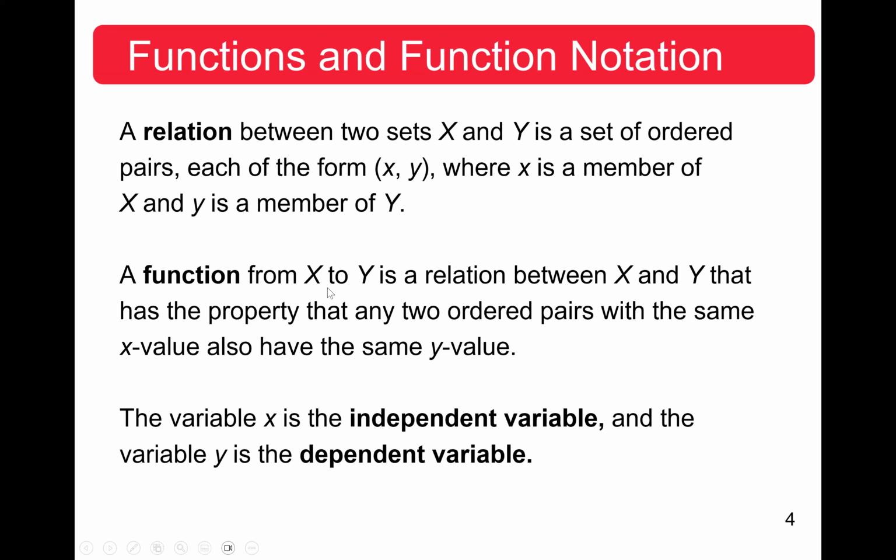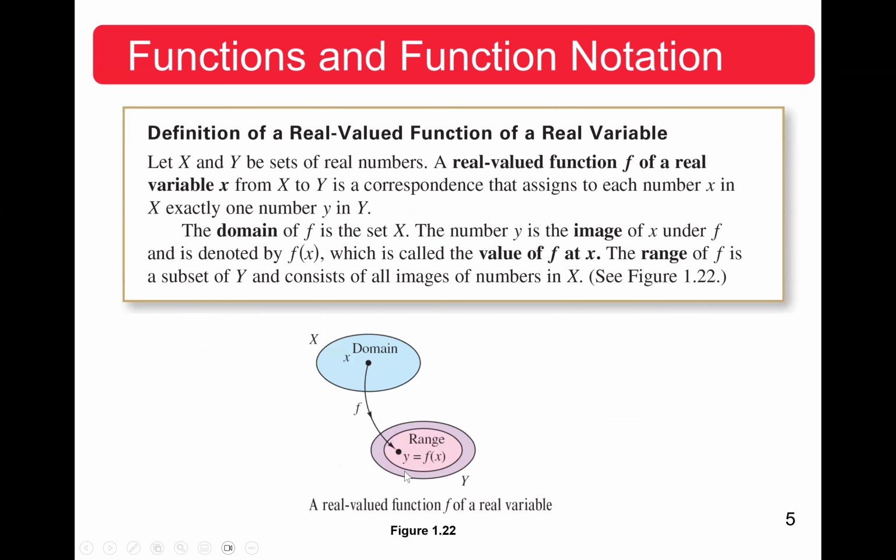So a function from X to Y is a relation between X and Y that has the property that any two ordered pairs with the same x value should give us the same y value. In this case, our x will be the independent variable and our y will be the dependent variable because, again, x determines the value of y.